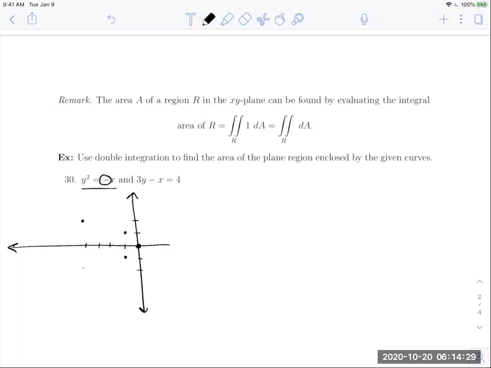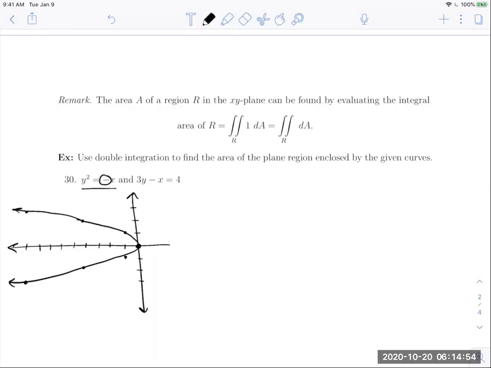So I'll just go out one more. When y is plus and minus 3, x is negative 9. So 5, 6, 7, 8, 9. Okay, so here's a somewhat accurate sketch of that parabola.